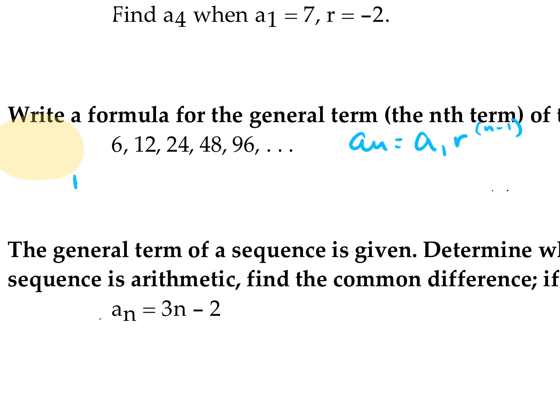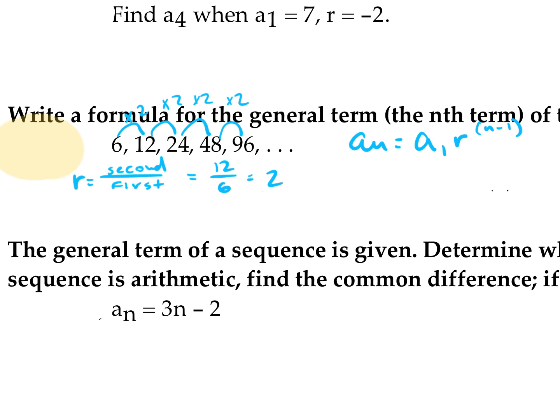To find our common ratio here, we could do the second divided by the first. So that would be 12 divided by 6, which is 2. So let's check. If we multiply by 2 each time, do we get the next one? Yep.